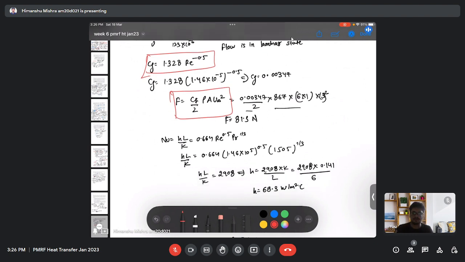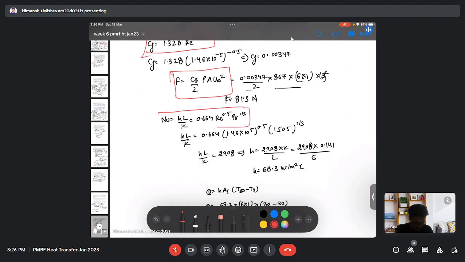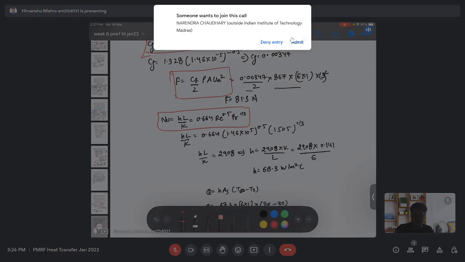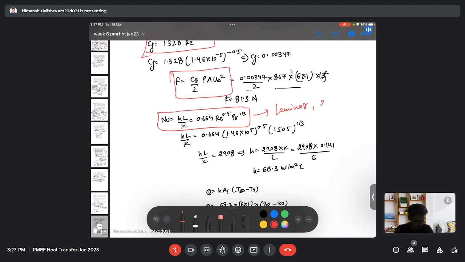For the heat transfer, there is a standard procedure we have been following for many weeks. First determine the relation of the Nusselt number, which is based on the flow field type as well as the geometry.